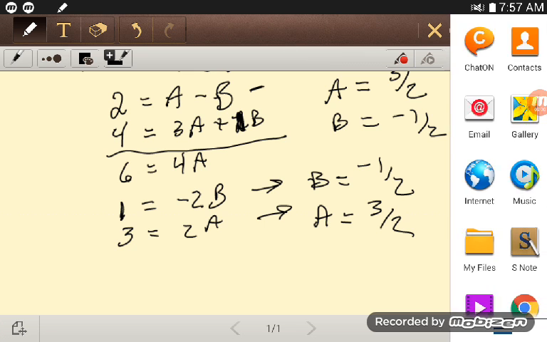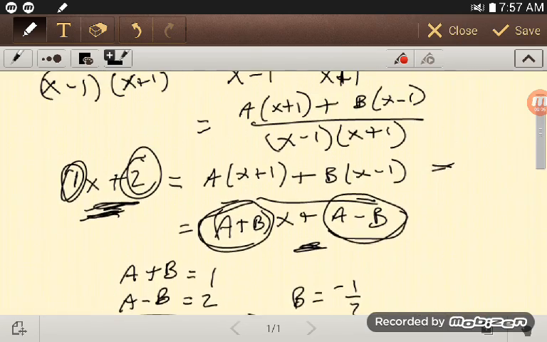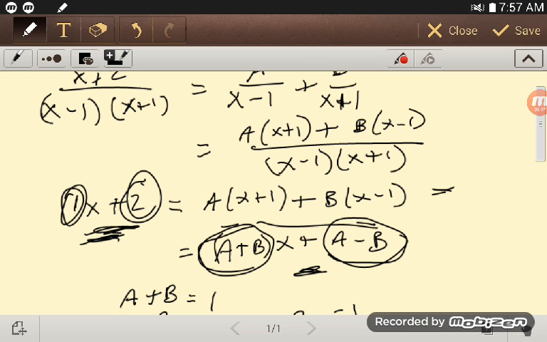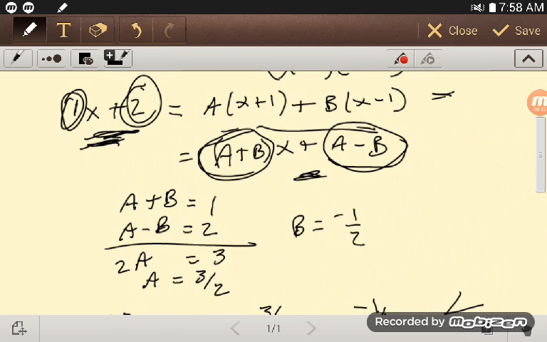So again, the formal way is to just go ahead, write your fractions, and then match up like terms, and by matching like terms we end up with simultaneous equations, and we should have the right number of equations with the right number of unknowns, and we go ahead and solve that.